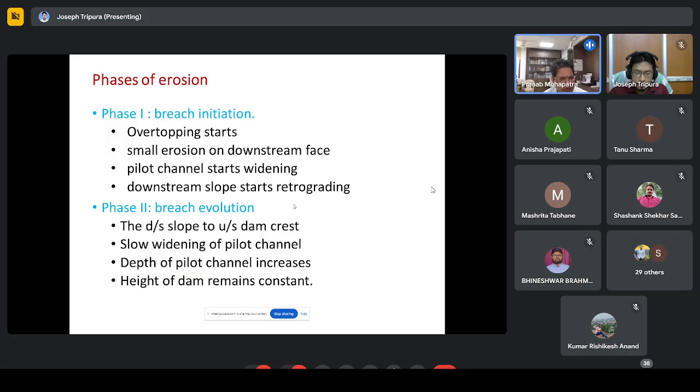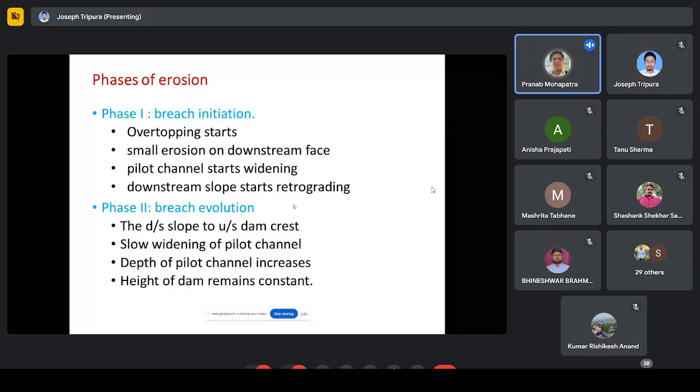Then phase 2, breach evolution: the downstream slope erosion comes towards the upstream dam crest. Slow widening of the pilot channel, depth of the pilot channel increases, height of the dam remains constant. Remember that in this phase, the height is still the same.